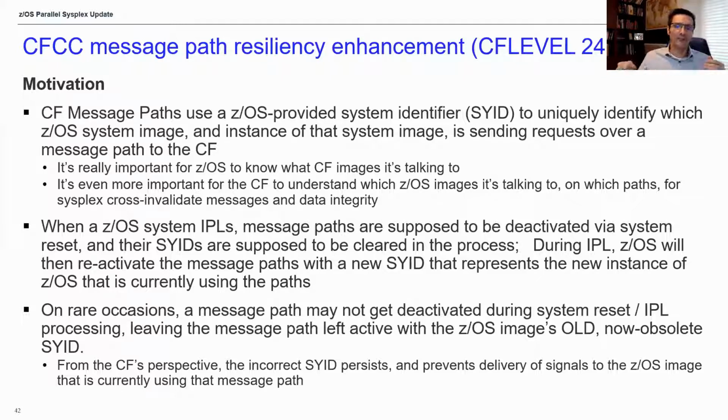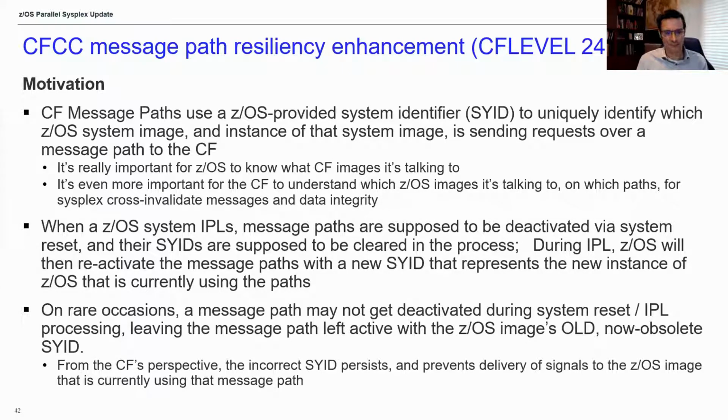The CF message paths between z/OS and the coupling facility use a z/OS provided system identifier, SYID, to uniquely identify the system image and the instance of that image.